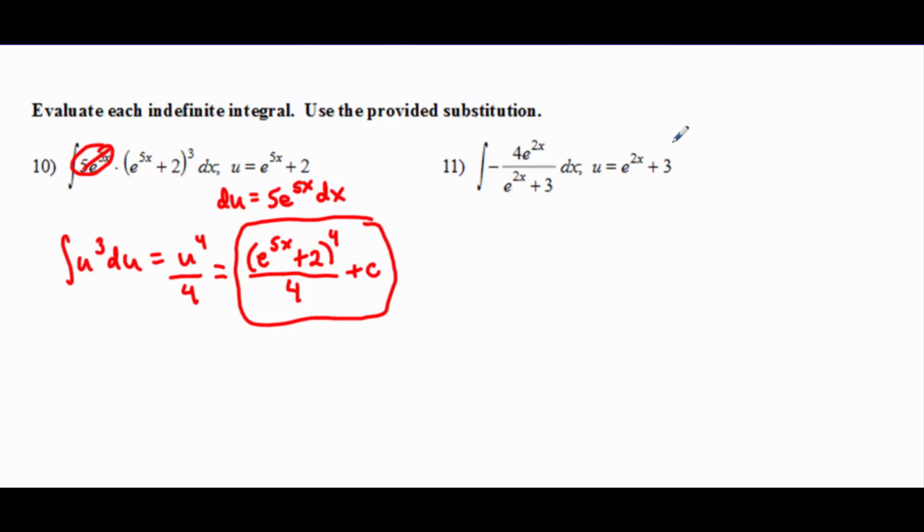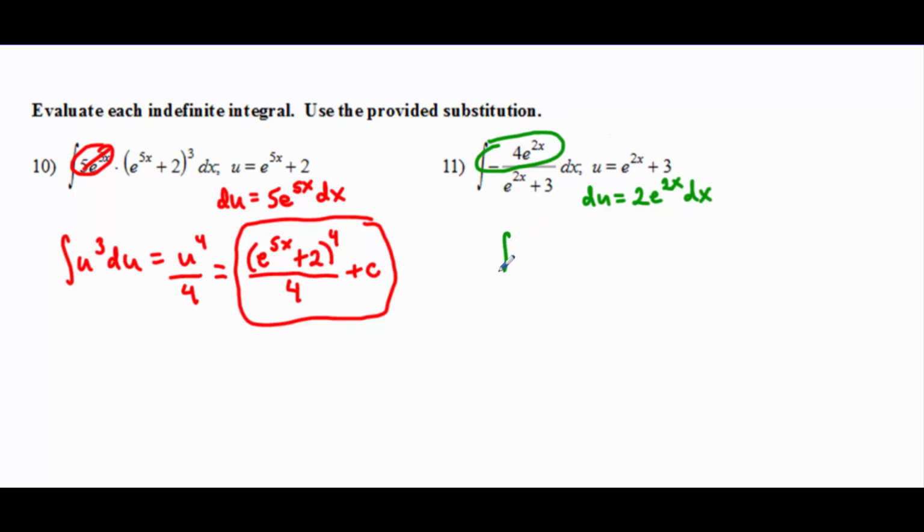On 11, e to the 2x plus 3 is u, so u is the bottom of the fraction. du is 2e to the 2x dx. And so we're going to compare the negative 4e to the 2x that's on top with this 2e to the 2x.